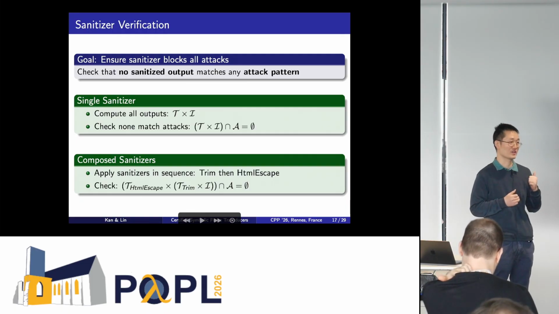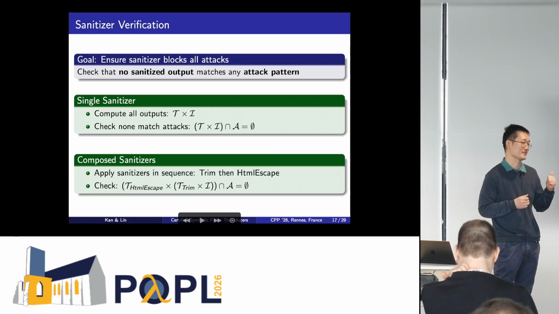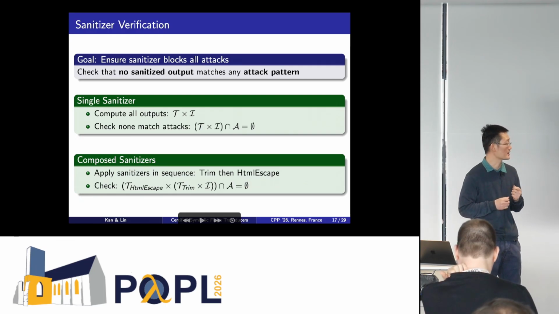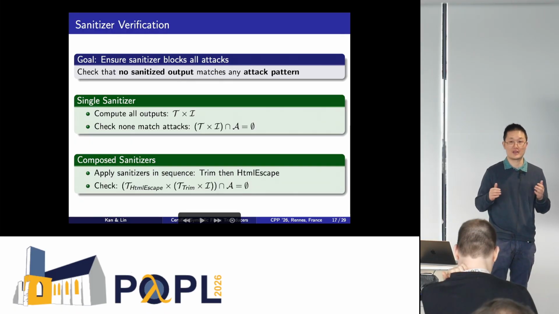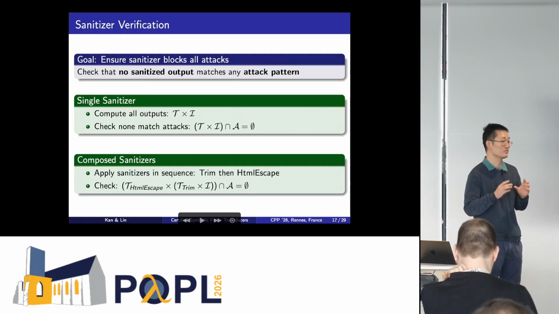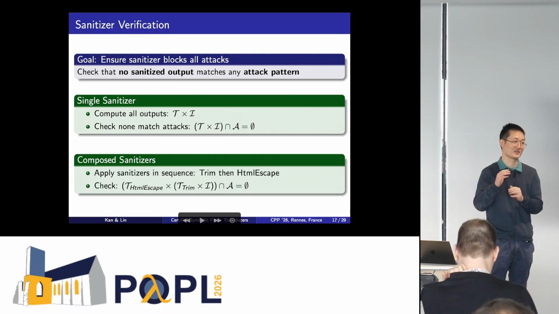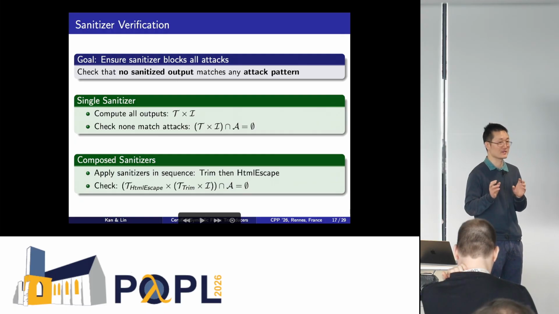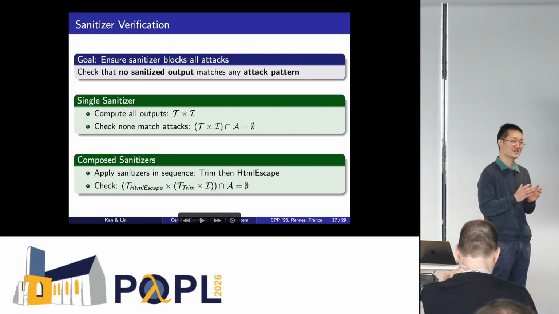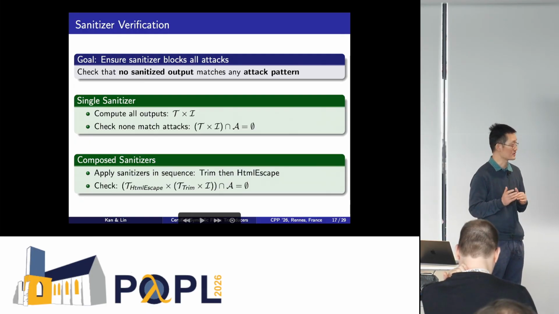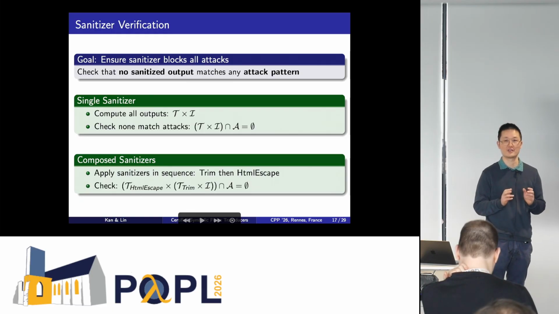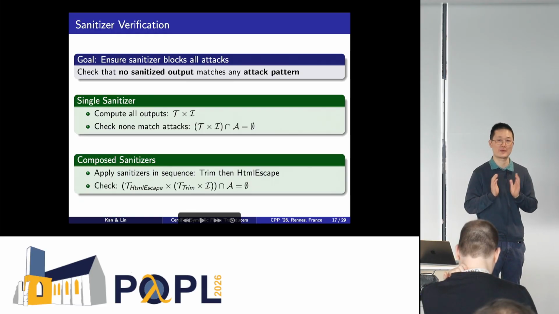Assume I is the input, and T is a sanitizer we model as a transducer. Their product gives another language, the set of output strings. Then we intersect it with A, the attacks, which is a set of unsafe strings. If the intersection is empty, then our transducer is correct and satisfies what we want.